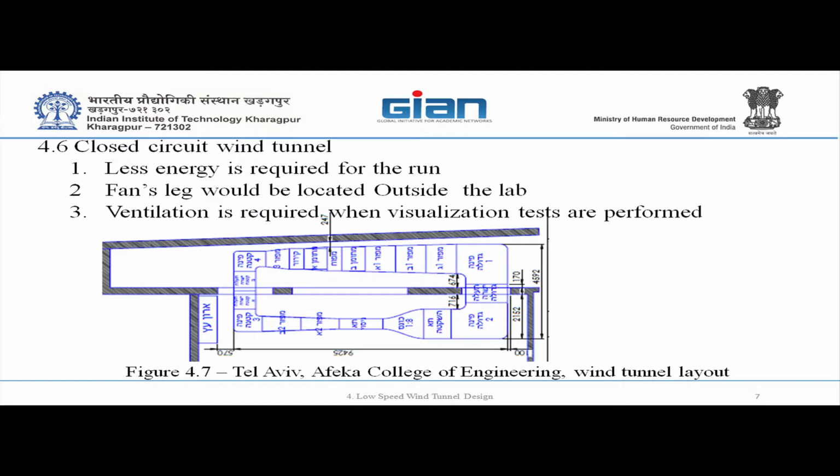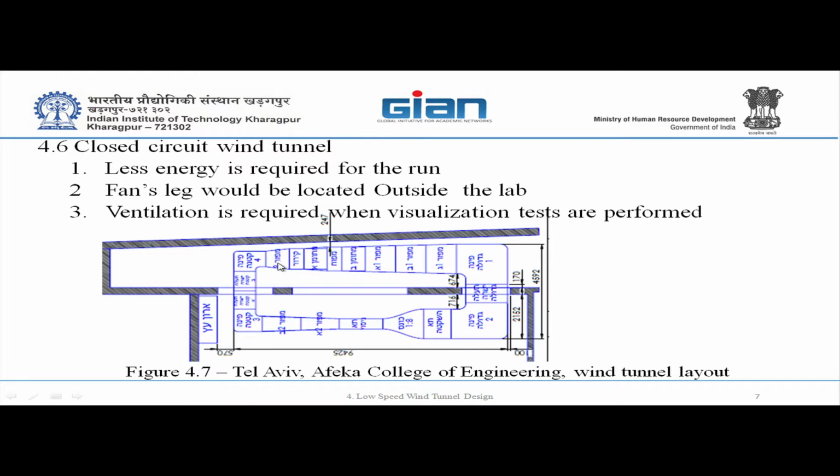The numbers are different because the students put some different numbers, but once we started with the test section, everything starts from there. So the first diffuser, first corner, and then a constant second leg, and then you get to the second corner, and then there is a short diffuser towards the fan.